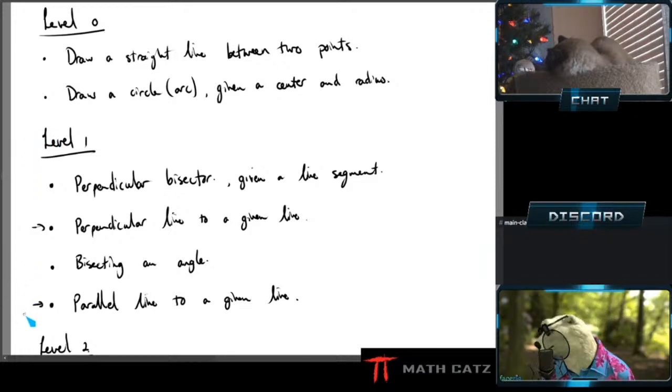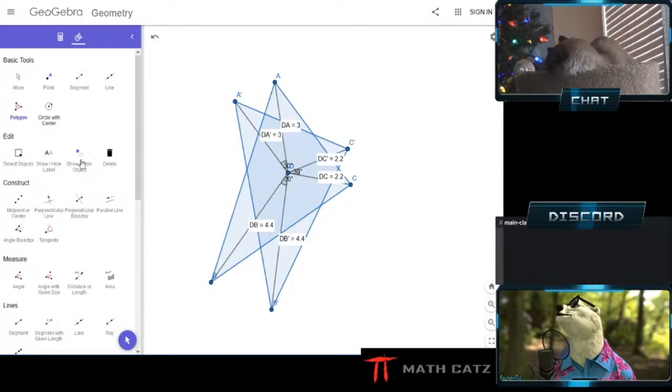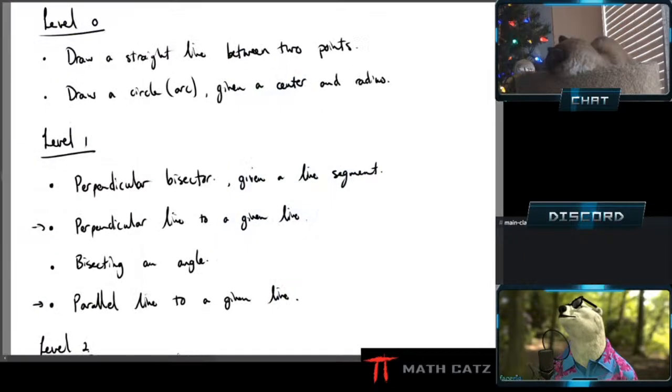Obviously, don't bother with level 1 if I don't understand what I'm allowed to use in level 0. Now, level 0 doesn't have much of a construction. You draw 2 points, you connect them with a line. Great. But it does give you the time to familiarize yourself with the tools you're allowed to use at that stage, at that level.